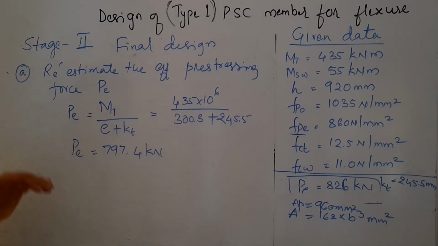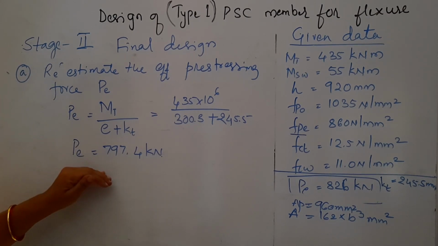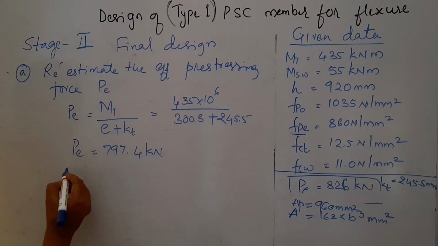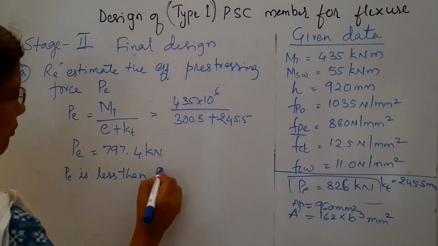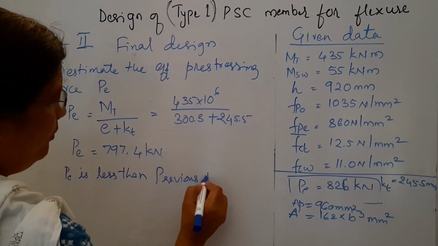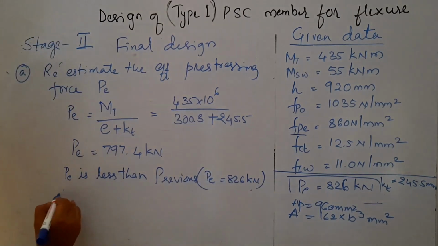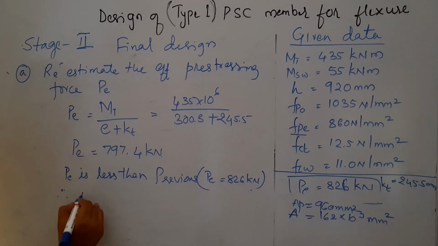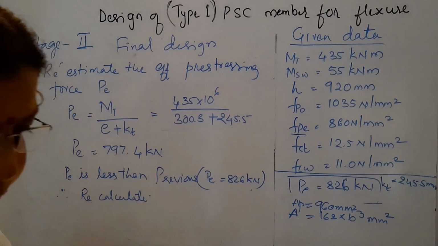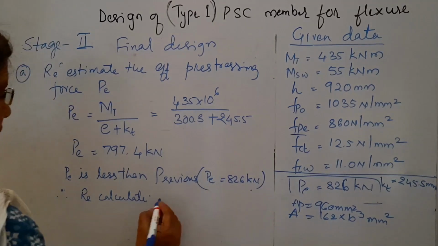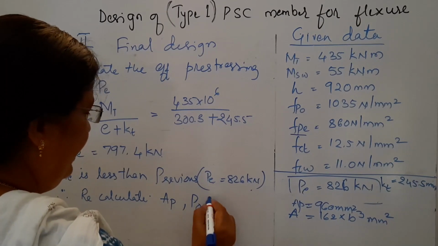Therefore, we have to take the new effective pre-stressing, revise the eccentricity, and calculate it once again, whether it comes to be the same or not. Here PE is less than the previously calculated PE of 826 kilonewton. Therefore, once again we recalculate the variables: area of steel, PO, and eccentricity.